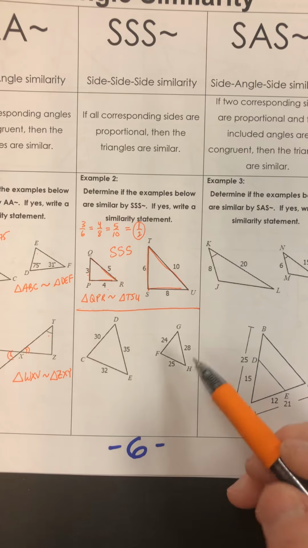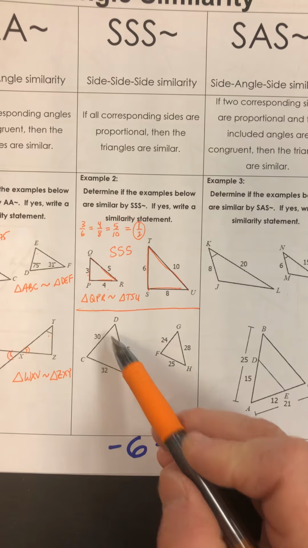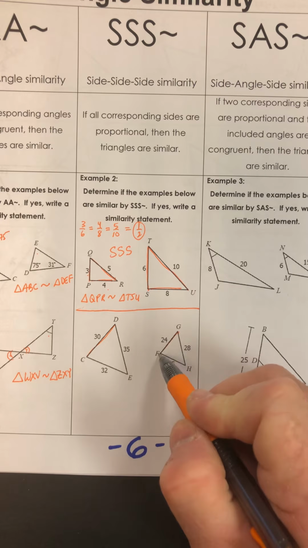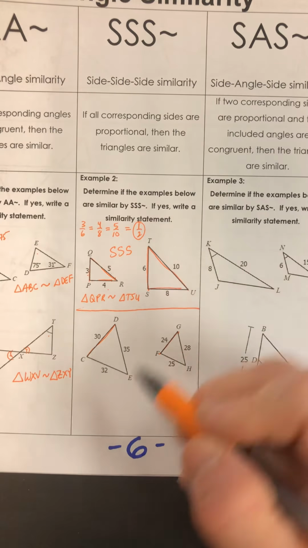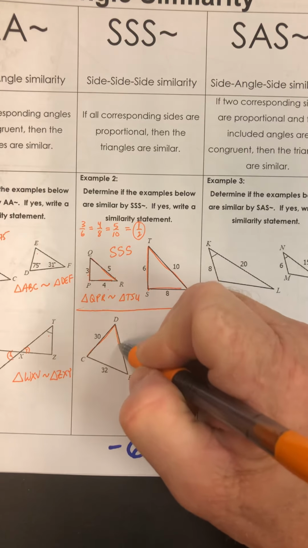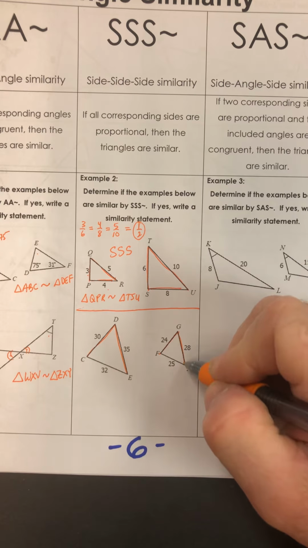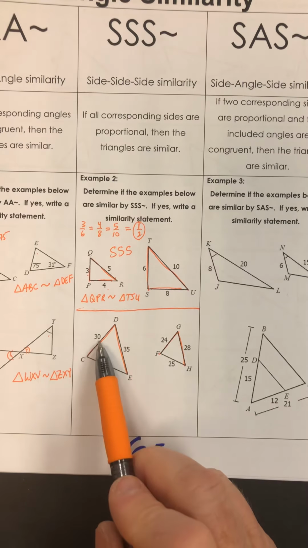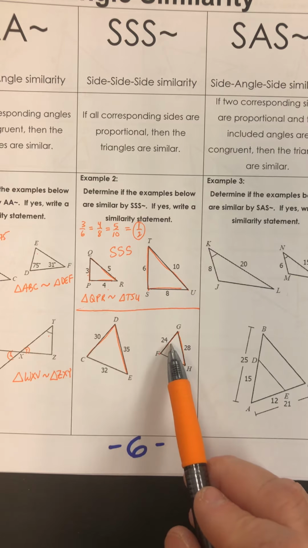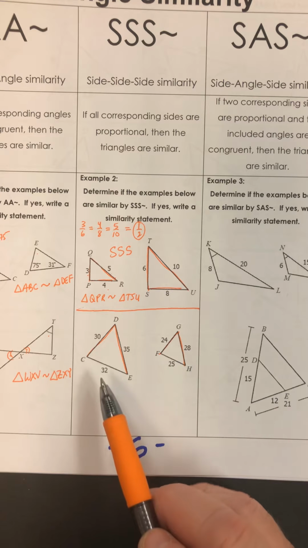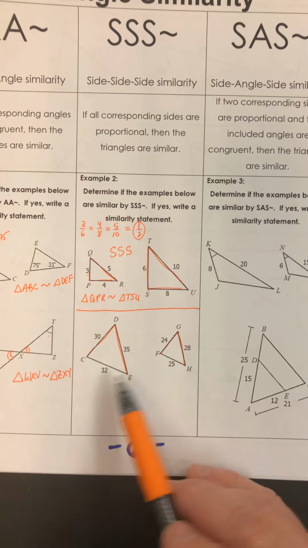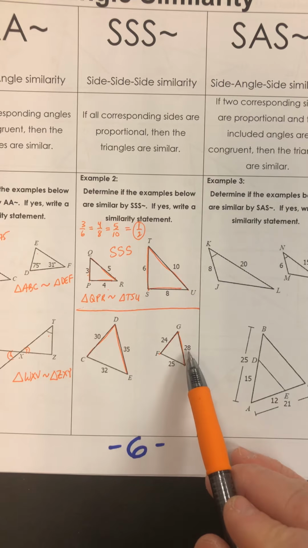Let's match up the sides. It looks like they're drawn so that we could match them up just for the sake of doing our ratios here. If you're not sure, you match up the smallest with the smallest, the second smallest, or the middle one with the middle number, and the largest with the largest.